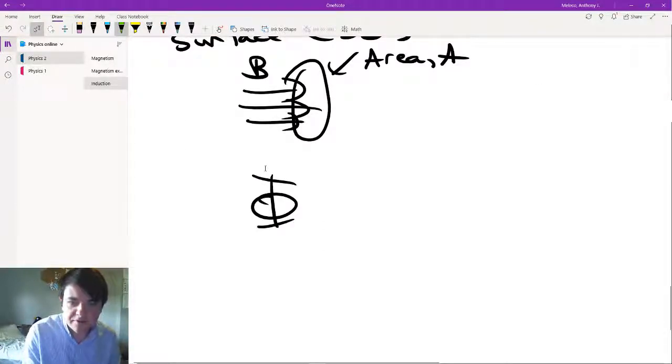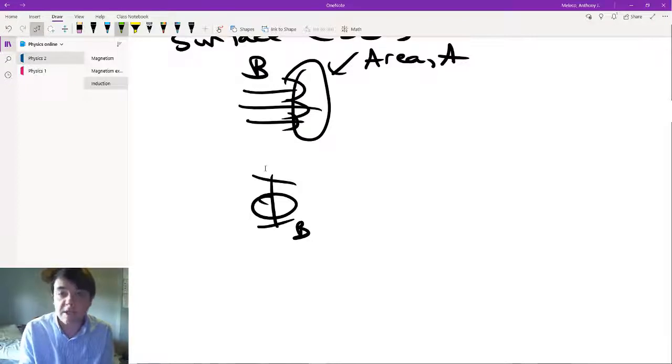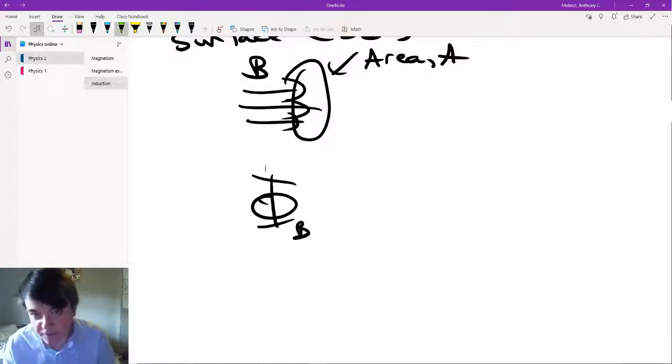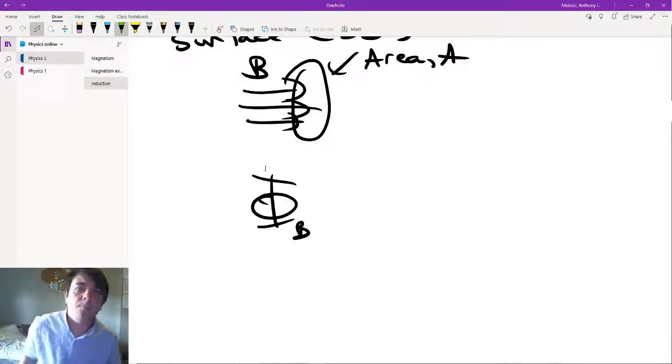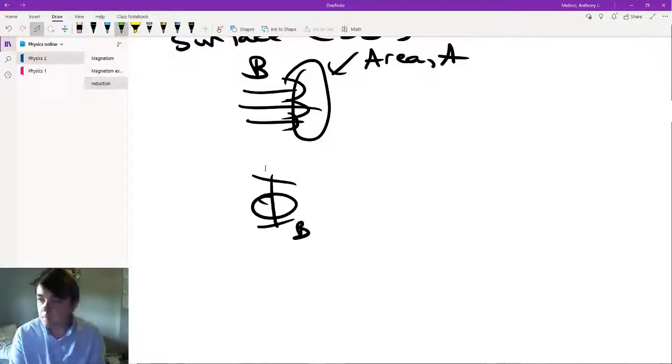Basically, it's any sort of vector field that can go through an area in 2D, like this circle. This would be your area A, and this would be your field. It's got the symbol phi, or capital Phi, kind of like the Green Lantern symbol. Then you add your subscript for what you're talking about: B for magnetic field, or E if we're talking about electric flux. Anything that's a vector field, any field that has a direction, like electric or magnetic field, will have flux associated with it.